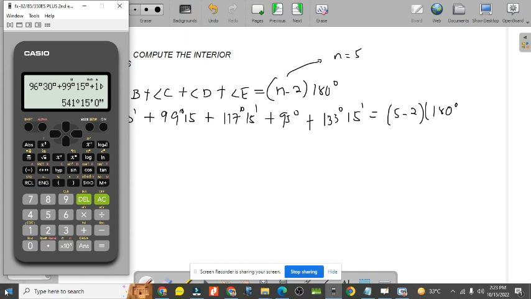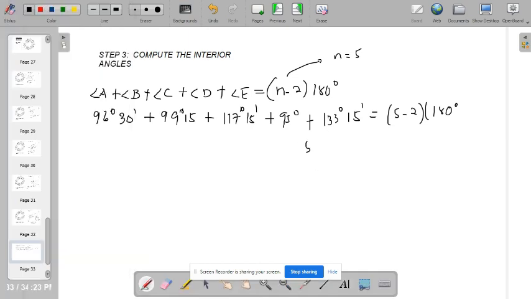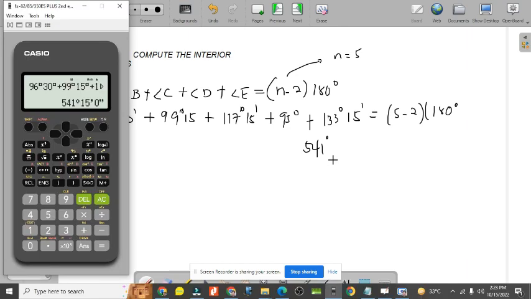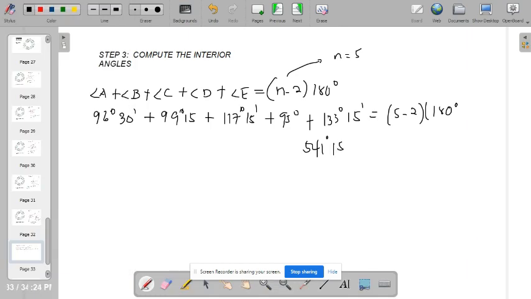So this is 541 degrees and 15 minutes. And this is 540. So we have in this case not equal, unequal value. So which only means that we have an angular error of closure.